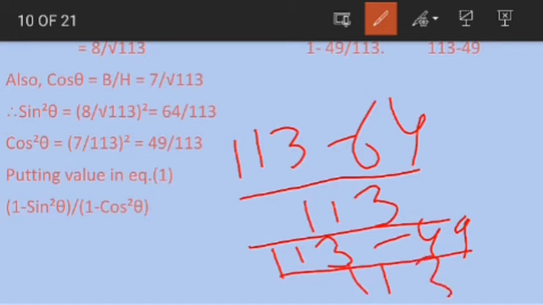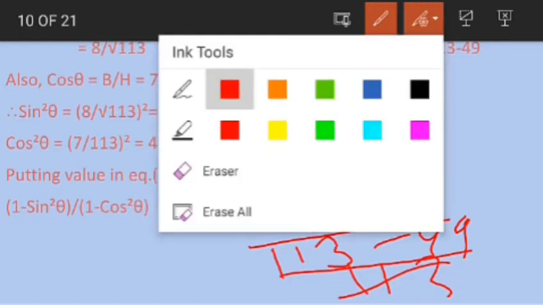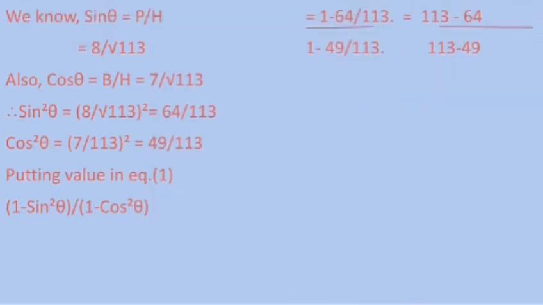So 113 in both is going to cancel out, and you will be remaining with the upper values, 113 minus 64 and 113 minus 49. Solving these values, you will get the answer, that is 49 divided by 64. So class, 1 plus sin theta into 1 minus sin theta upon 1 plus cos theta into 1 minus cos theta is going to be 49 by 64, your answer.